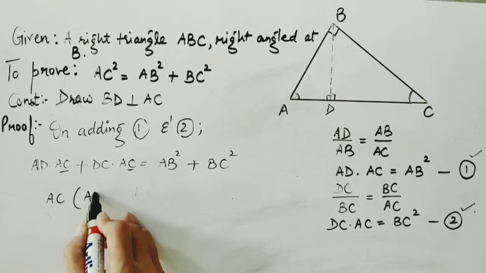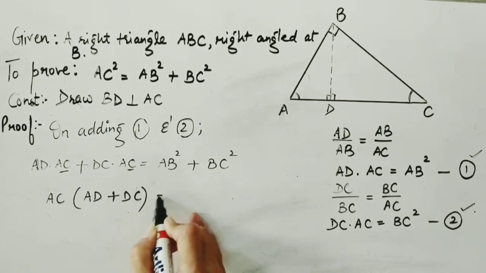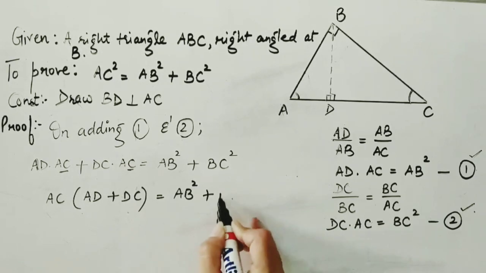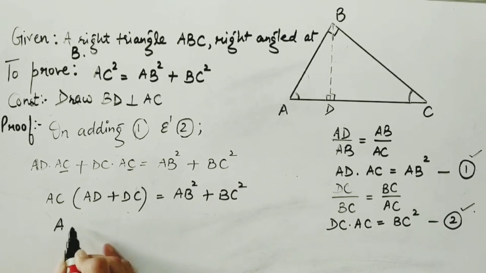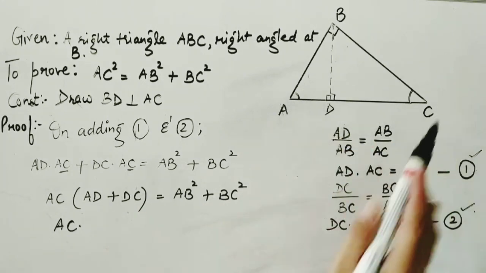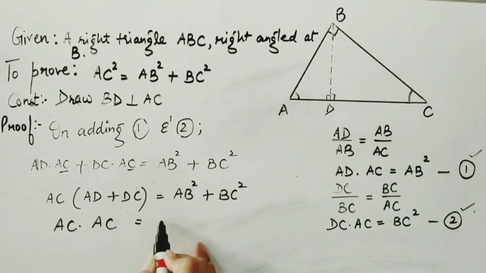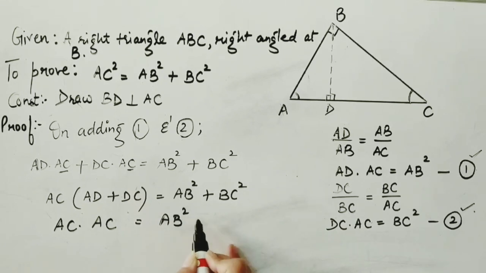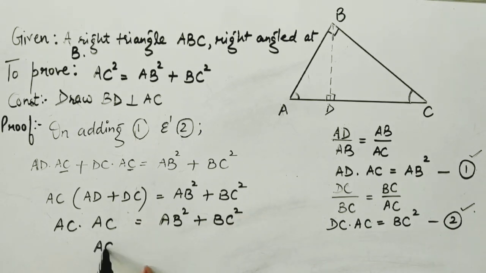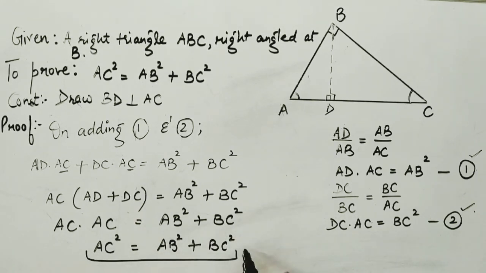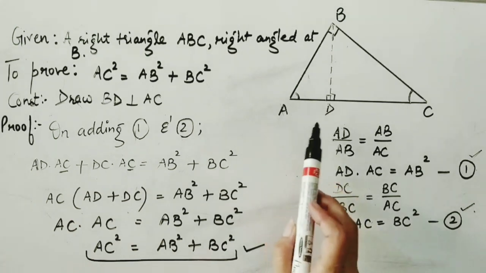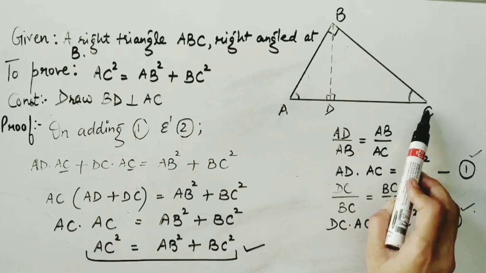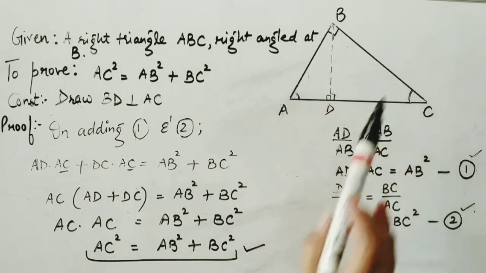What remains is AD plus DC, and this is equal to AB square plus BC square. AC remains as such. Now what is AD plus DC? This is also AC. It's AC into AC equals AB square plus BC square, which further becomes AC square equals AB square plus BC square. So this is the proof of Pythagoras theorem, which says the hypotenuse square is equal to the sum of squares of the other two sides.